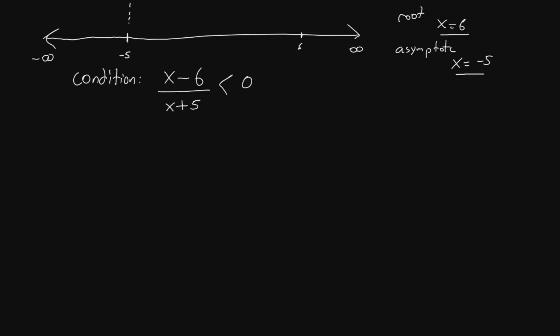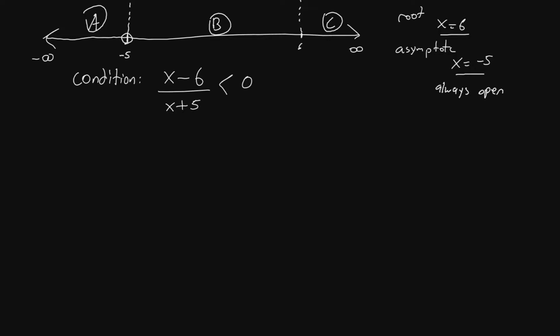Those are going to break our number line up into regions A, B, and C. We also need to know if the roots and asymptotes are going to be open or closed on the number line. The asymptotes are always going to be open no matter what. So at negative 5, we'll place the open circle.